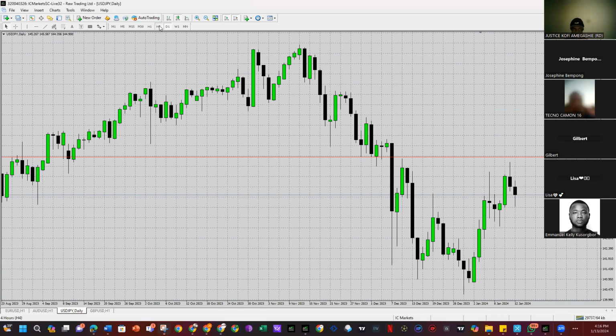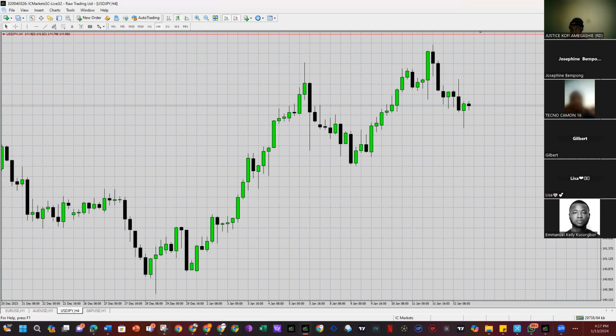All right, so let's go to our 4 hour and break the 4 hour down again. So these are 4 hours. There is a higher high, higher low, then higher high, then it forms a lower low here, then there is a lower high here, then another lower low here, and it's forming another lower high.